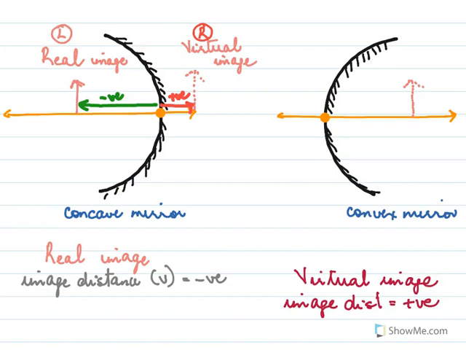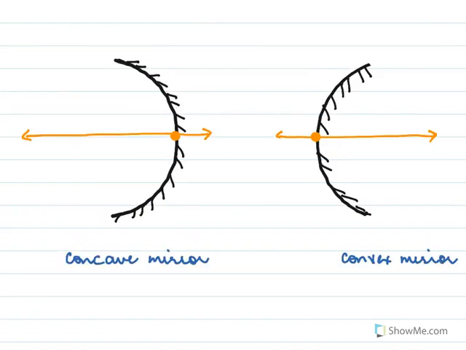And if we want to measure the distance, we measure from the pole, we go towards the right, and hence it will be positive. So in a virtual image, the image distance is always positive. In a real image, the image distance is negative.